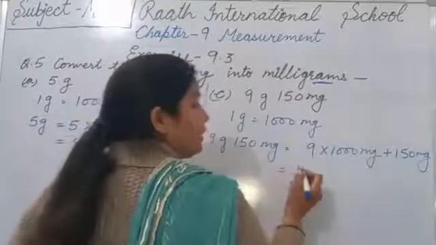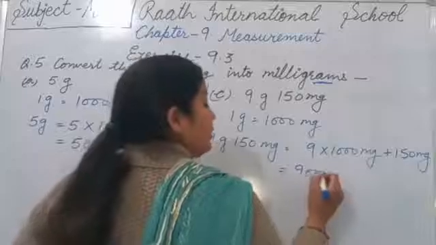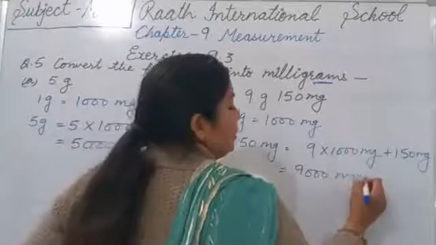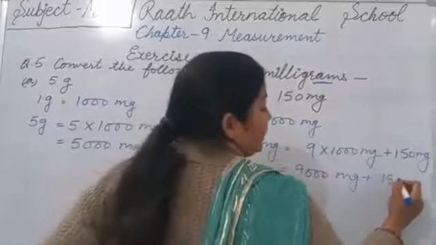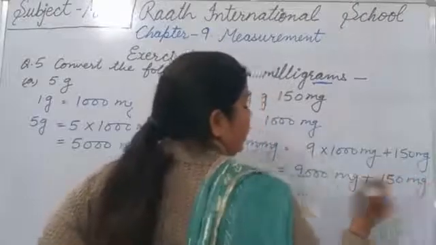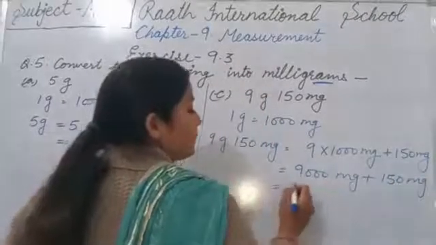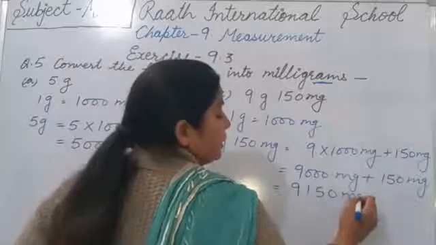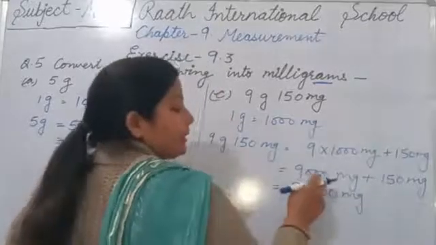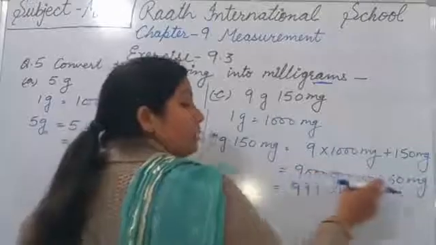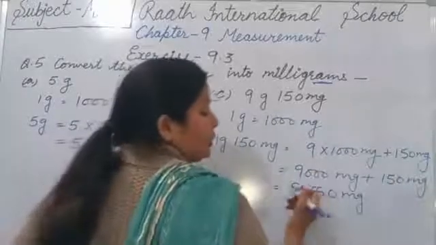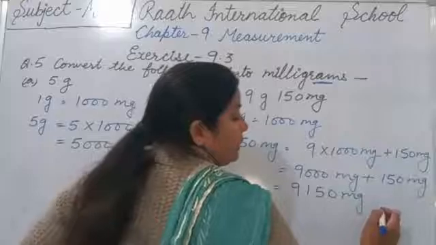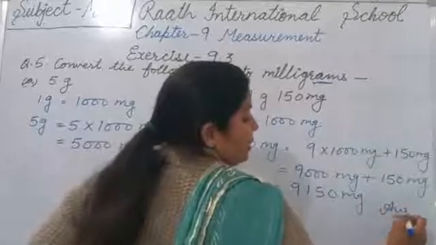Now 9 into 1000 is 9000 milligram plus 150 milligram. 9000 plus 150 becomes 9150 milligram. We add in ones, tens and hundreds column. There is 0 in all three, so 150 same. So 9150 milligram. That's your answer.